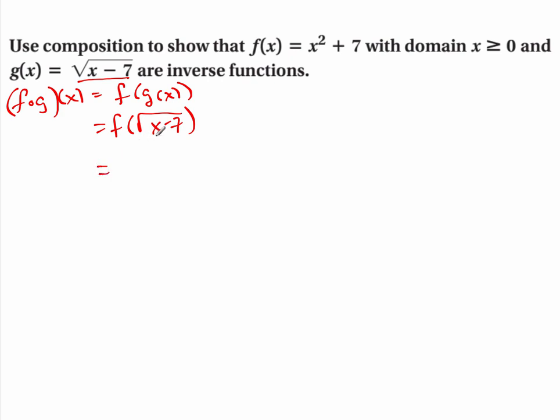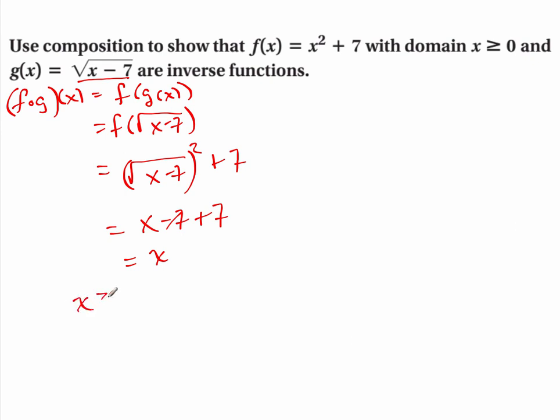Which means everywhere in f I have an x, I'm going to put in the square root of x minus 7. So this is the square root of x minus 7 squared plus 7. So this is x minus 7 plus 7. Those are going to cancel. So it's equal to x. But it's equal to x if and only if x is greater than or equal to 0.